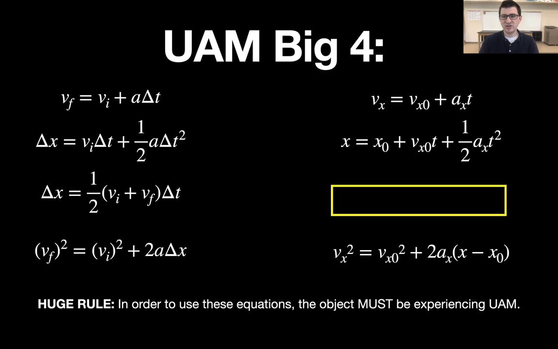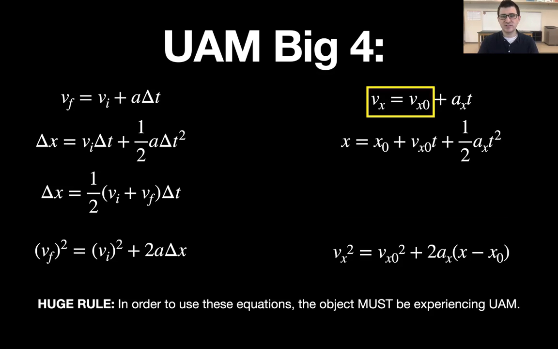So to draw attention to some of the big differences, the first big difference is this third equation is not on the formula sheet. And I don't know why, but I'll show you in a minute why it's so useful and important. So it's one of the ones that's worth committing to memory. A couple other differences in notation. Instead of using the subscript F and subscript I, things are assumed to be final, like this is a final velocity, final position, unless it has the naught or 0, V naught subscript, and that's just their way of saying initial velocity.